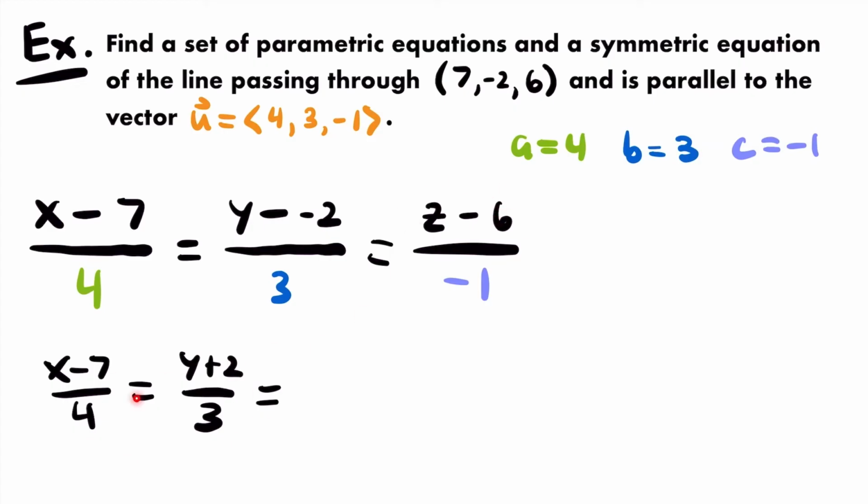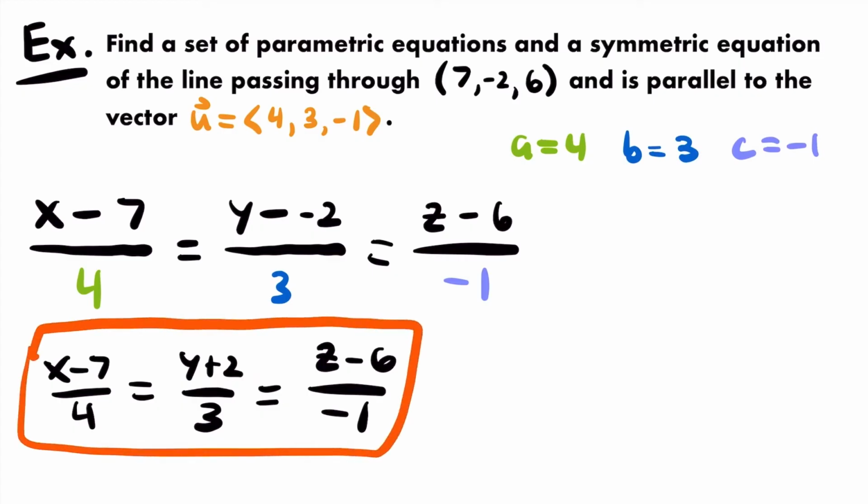But for a symmetric equation, you don't really have to do that. I'm just going to leave it in this form. I think it's easier to look at it that way, so we can easily identify that direction number of c. So we'll have z minus 6 divided by negative 1. Okay? And so that right there would be the symmetric equation for this line passing through this point and being parallel to this vector.